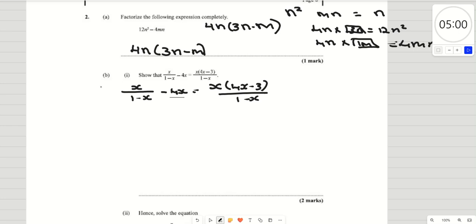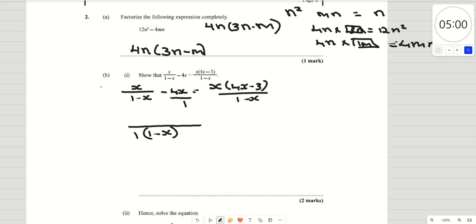This does not, so let's put this over 1. And to get your same denominator, what are you going to do? Find the LCM. What could go into 1 minus x and 1? You multiply the two because they have nothing in common. So it's going to be 1 minus x multiplied by 1.